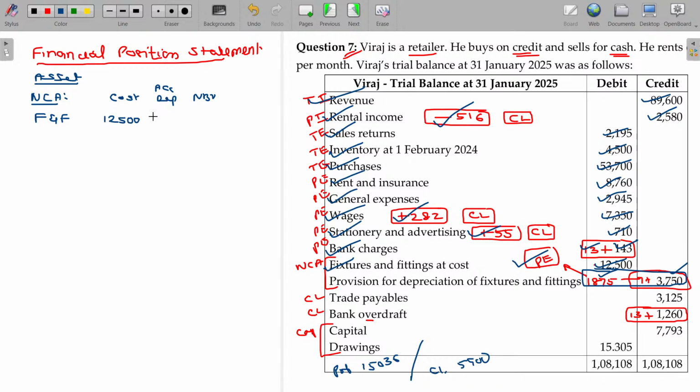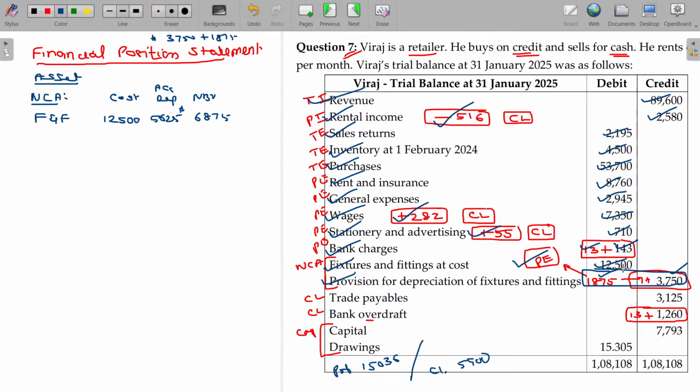Initially 3,750, in this year we added another 1,875, so the total value being 5,625. This is addition of these two, 3,750 plus 1,875. The net book value being, after subtracting this accumulated depreciation from the cost, 6,875.